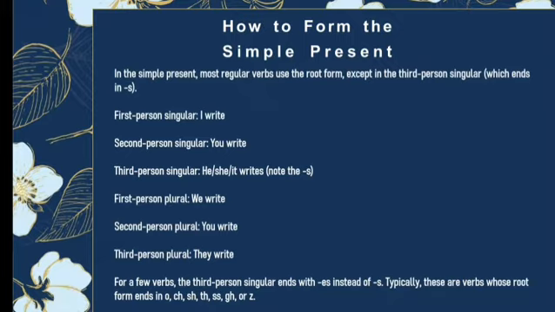First person plural, we write. Second person plural, you write. Third person plural, they write. For a few verbs, the third person singular ends with es instead of s. Typically, these are verbs whose root forms end in o, ch, sh, th, ss, gh, or z.